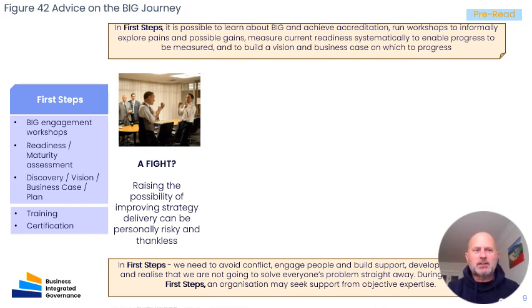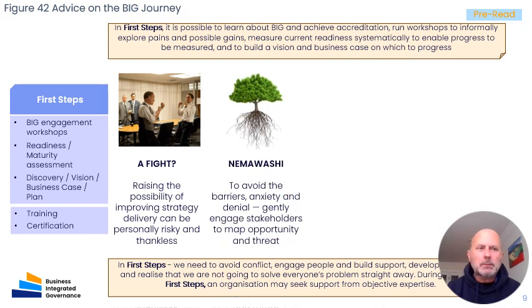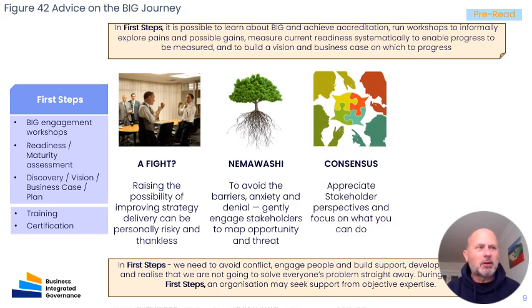Let's tease out of our organisation where we are without having a fight. You may have heard this word nemawashi, working around the roots. So let's gently understand from people where they are, gently engage with them, remove any barriers, diminish anxiety and denial, and help people on board with it at the pace that they can tolerate.